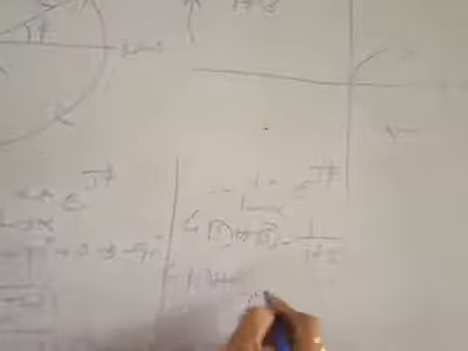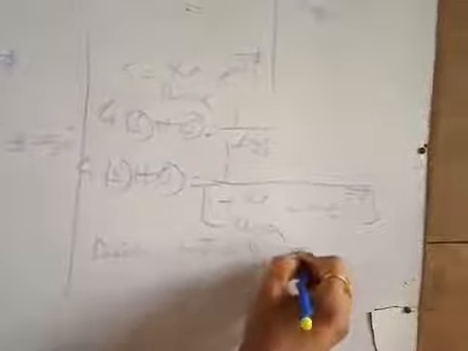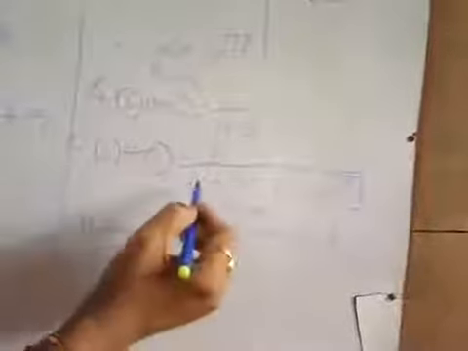G(s)H(s) will be equal to 1 by 1 plus limit r tends to infinity 2 into r e to the power j phi. So in the denominator, the total phase is equal to phi, because there is no other term. This is e to the power j0, so the total phase is phi.